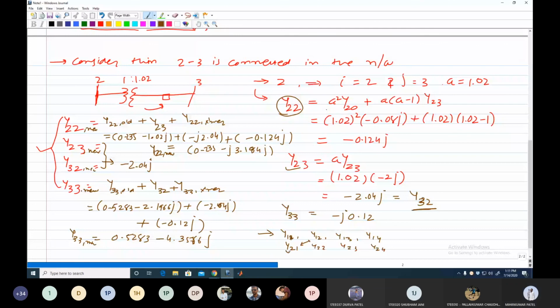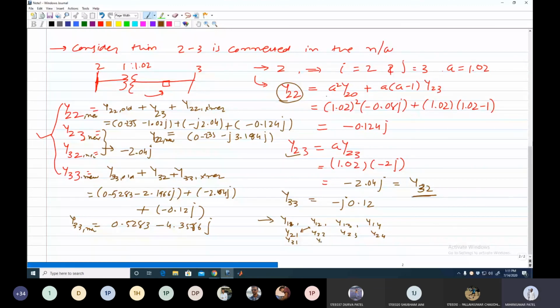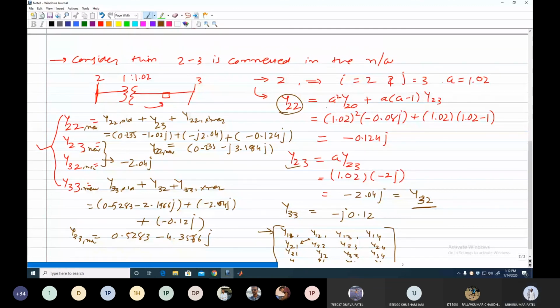For the third row, y31, y32, y33, y34. Same way, substitute the values for the fourth row, 41, 42, 43, and 44. So this is your final matrix. Clear?